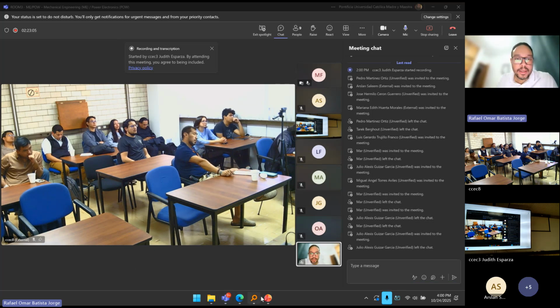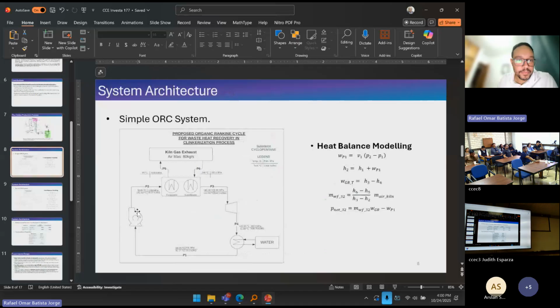For example, in this pump I'm working at 1 megapascal, but maybe I can work with 900 kilopascal and have better energy efficiency because I am using less power on this pump for elevating the pressure, right?